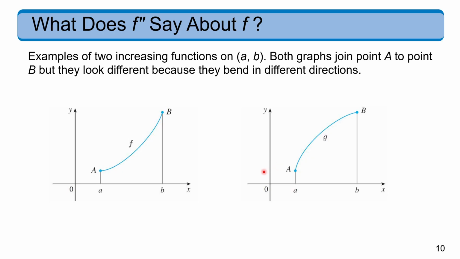We describe this difference in the shape as the concavity. So the graph on the left, we refer to this kind of shape where it looks like it's part of an upright bowl. We call this concave up. And the graph on the right looks like it's part of an upside down bowl. We call this concave down.